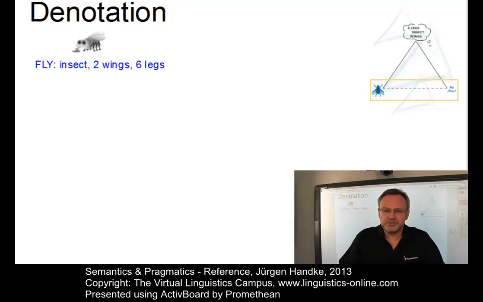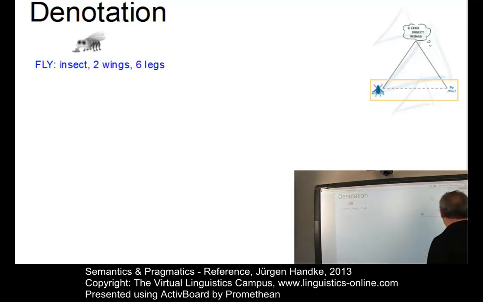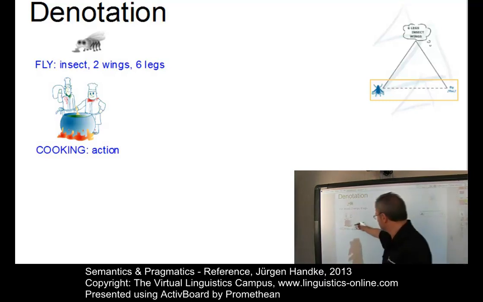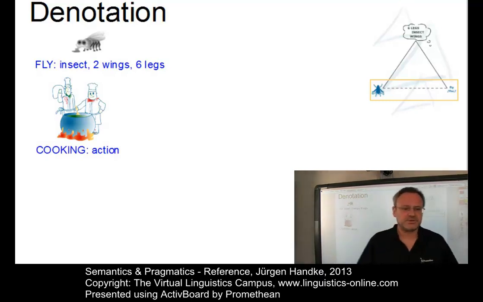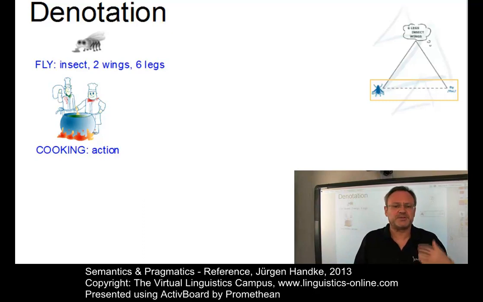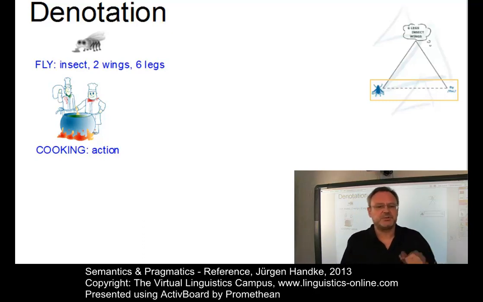Or we use words to refer to actions, such as cooking. So reference is concerned with designating things, activities, properties, relationships, and so on in the outside world by means of linguistic items. The relationship between a word and a class of entities it stands for is often called denotation.